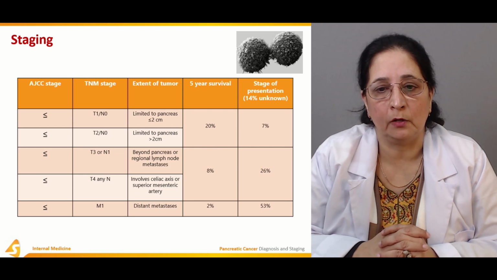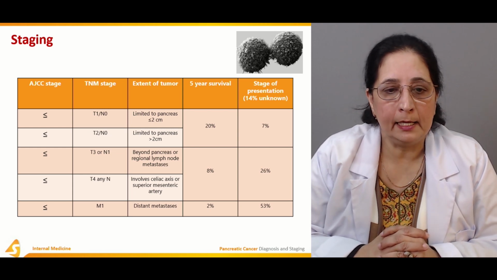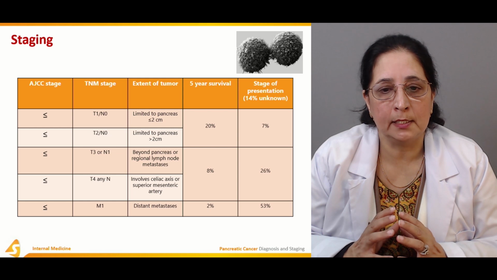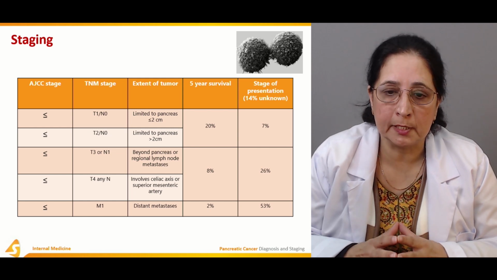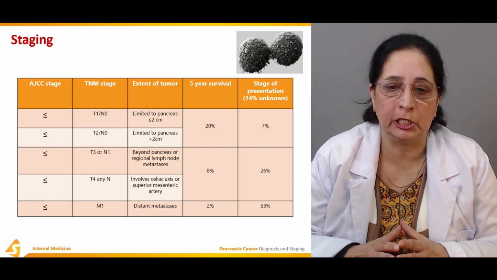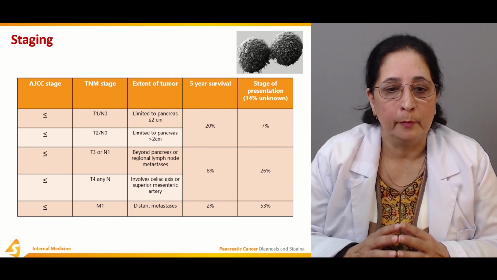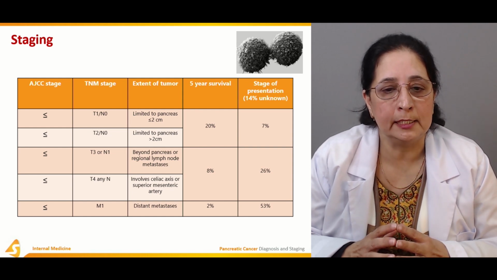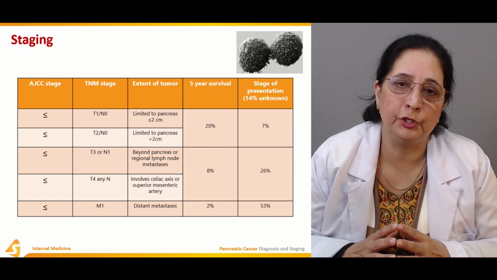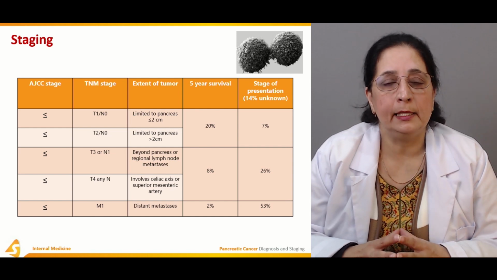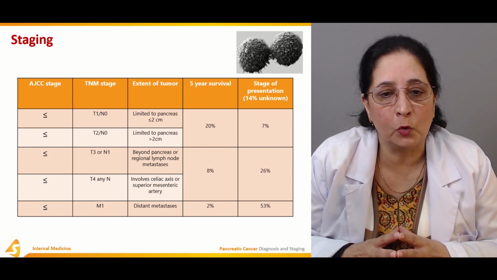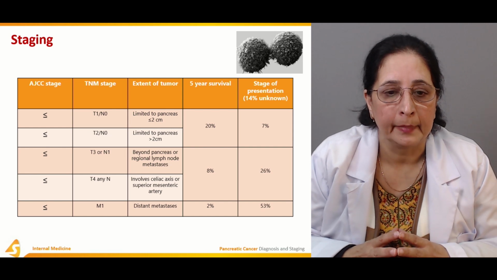In the next stage, the survival rate is 8%, and the stage of presentation is 26%, because in T3 the tumor has spread beyond the pancreas, and there is regional lymph node metastasis also.